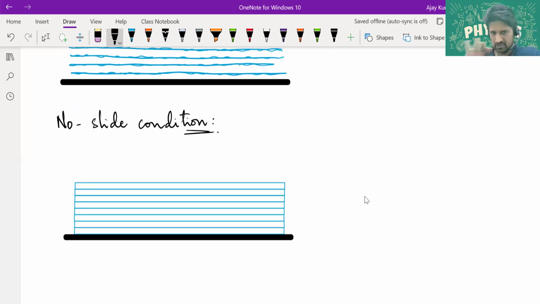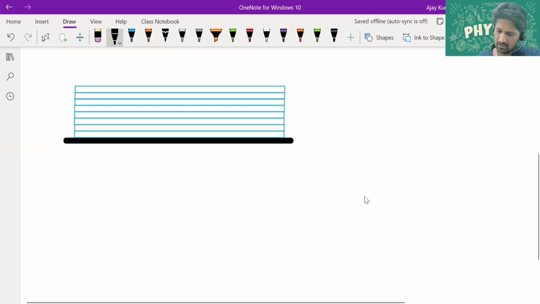Basically, suppose there is a fluid flowing like this on a flat surface. It can be flowing in a pipe, it can be flowing on any kind of surface. See, no surface is perfectly smooth. Even if it's a surface of glass on which water is just dripping down, glass surface is also at the molecular level not perfectly smooth. So some roughness will be there.